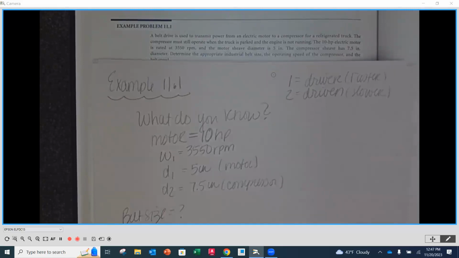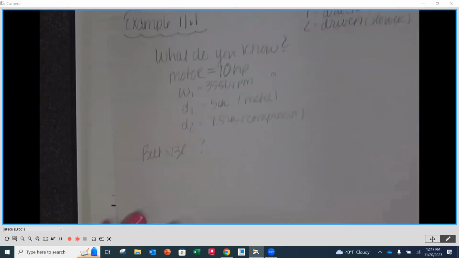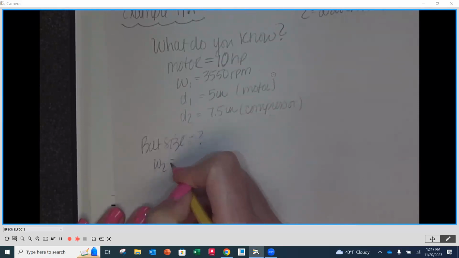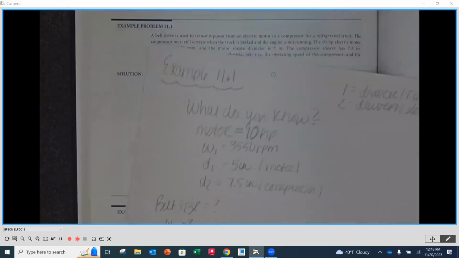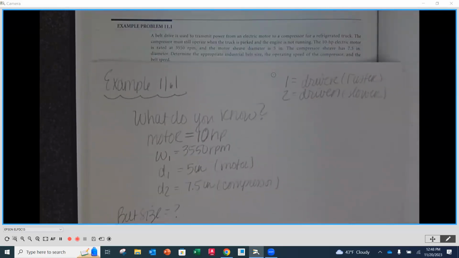But what would the operating speed of the compressor be? That would be W2. We want to know what is the RPM of that compressor going to be operating at.